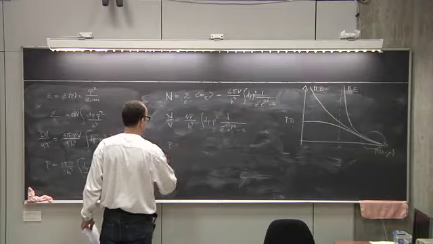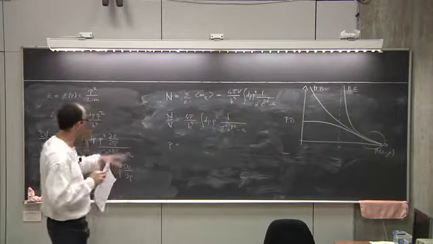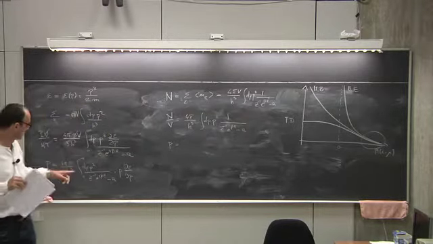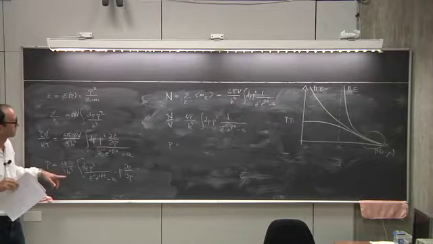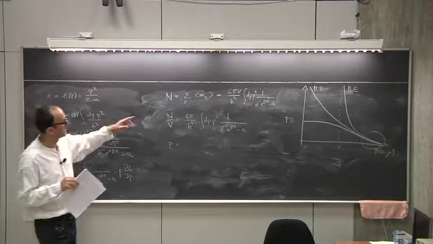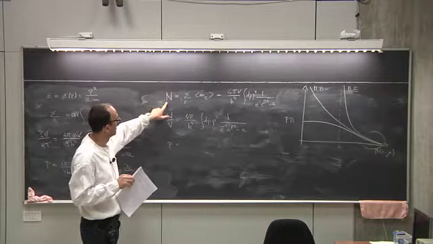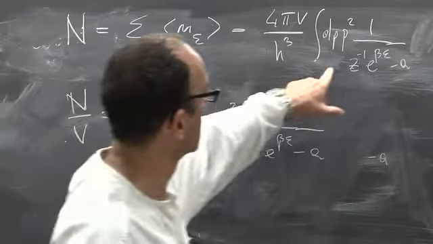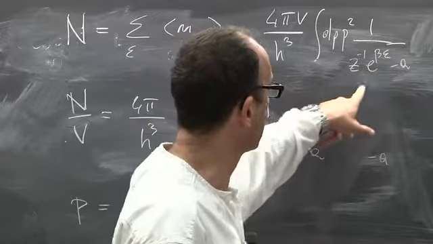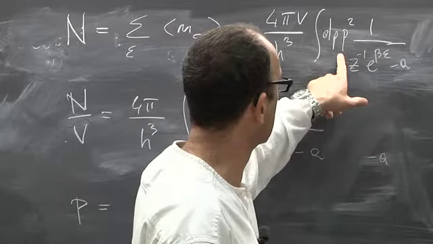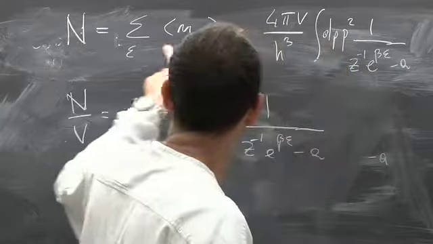So you can rewrite this as the pressure being, because if you divide, you see, you can consider this as an average over the distribution of particles.